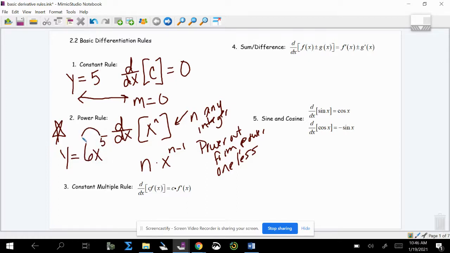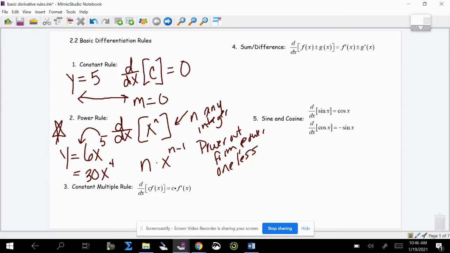That 5 is going to come out front and join the 6, so you'll multiply 5 times 6. Then you take your variable to a power 1 less than 5, which is 4. You can do it with negative powers, fraction powers, or whole number powers, but it's all the same rule. Power comes out front, and then you drop the x to a power 1 less.